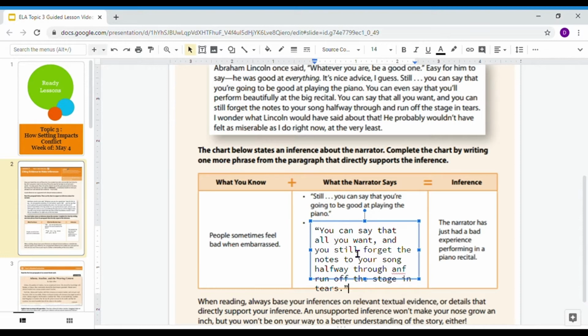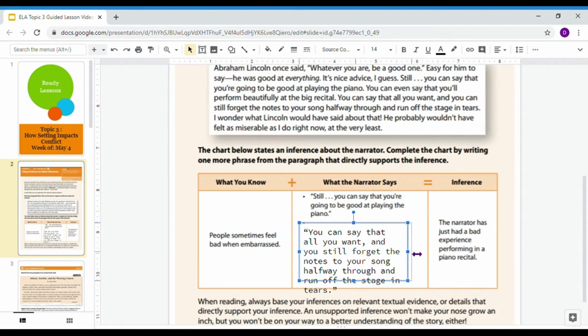So I think that sentence really helps explain how terrible of a time our poor guy had at his piano recital.